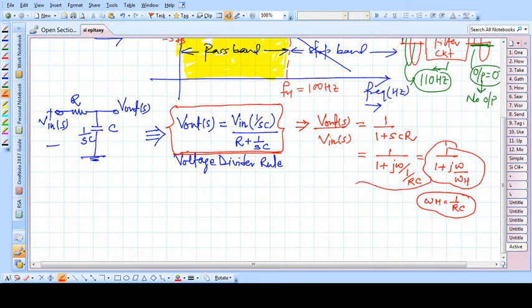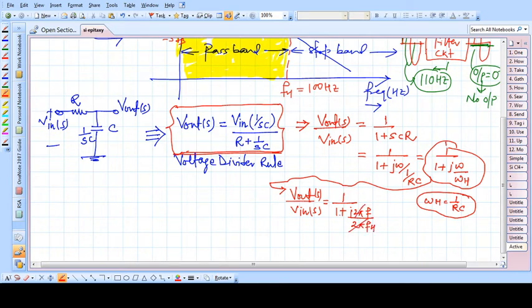Again, this V output by V in in the frequency domain we are writing as 1 plus j omega by omega H, where omega is 2 pi f and omega H is 2 pi fH.